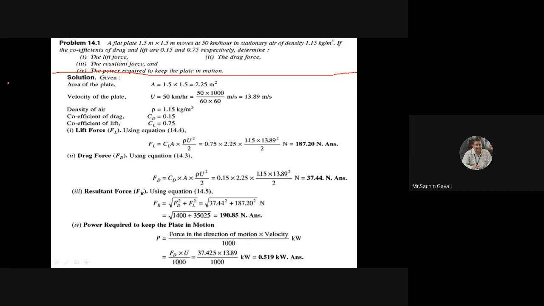A flat plate 1.5 meter by 1.5 meter moves at 50 kilometer per hour in stationary air of density 1.15 kg per meter cube. If the coefficients of drag and lift are 0.15 and 0.75 respectively, determine the lift force, second the drag force, third the resultant force, and last, the power required to keep the plate in motion.